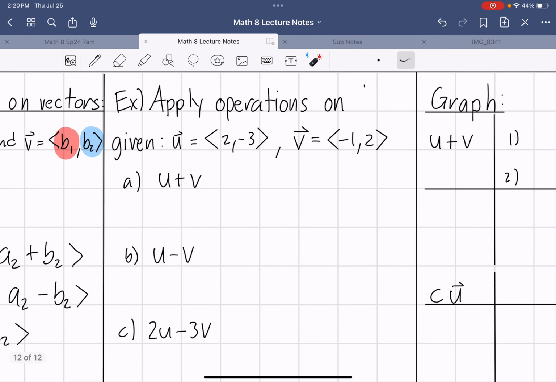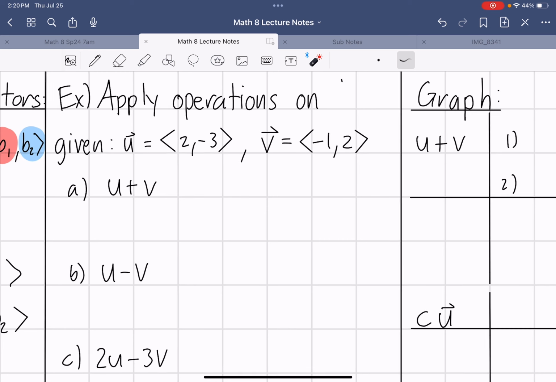Now, let's apply these operations with these two vectors. So we're going to take the vectors. Like I said, take the x component, which is going to be 2, and then add it, since we're adding, with the negative 1.